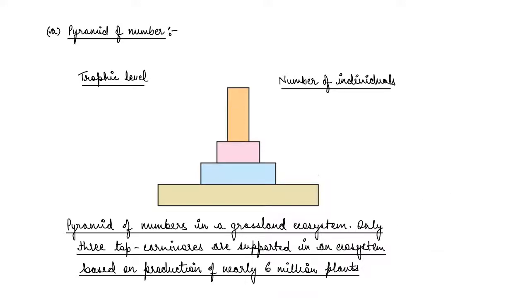Okay, now here you are basically able to visualize something like this, right? So the base is broad and then the apex is narrower, right? So you see a pyramid-like structure. Now here, as I said, the base is what? Producer.